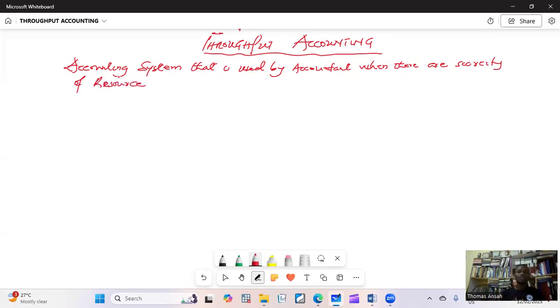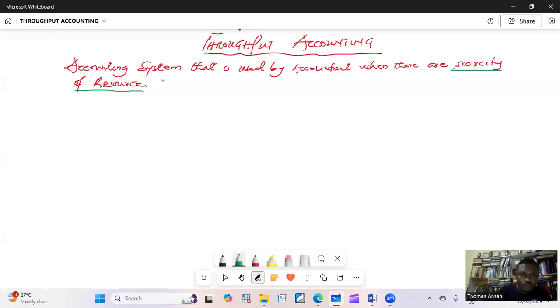So accountants adopt this basically because there are scarce resources. Resources are not always available, and because we are looking at a profit organization that wants to make profit, we adopt this accounting system to optimize revenue or profit.